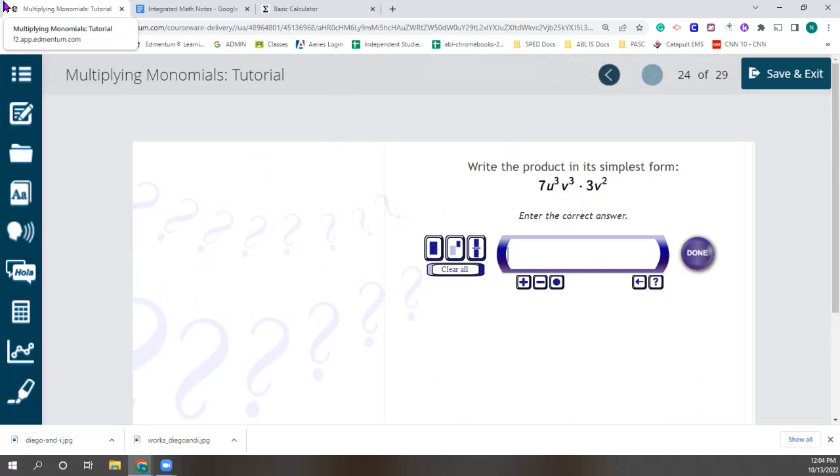7U cubed V cubed, also the V3 means cubed, multiplied by 3V squared. Holy cow, we're gonna have to break this down. So that equals, let's do the coefficients. 7 multiplied by 3.